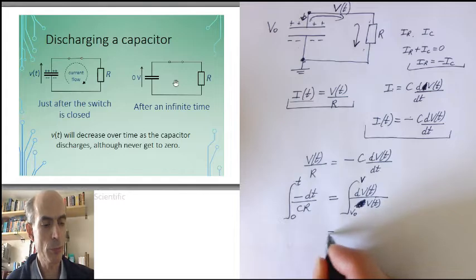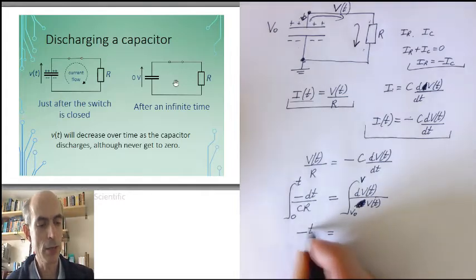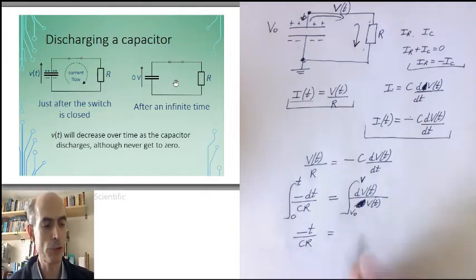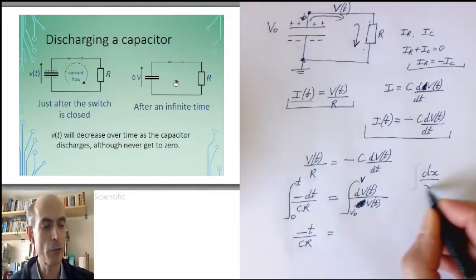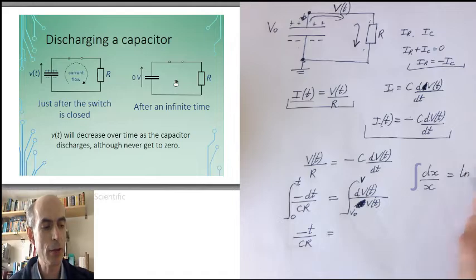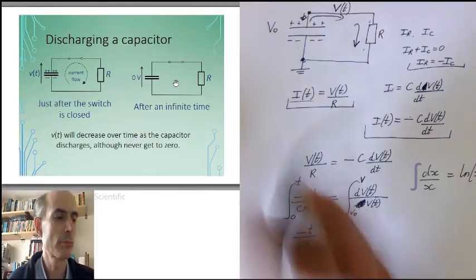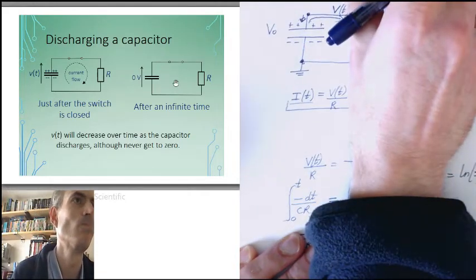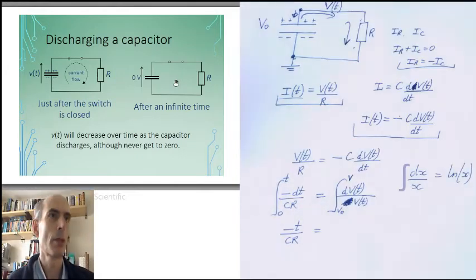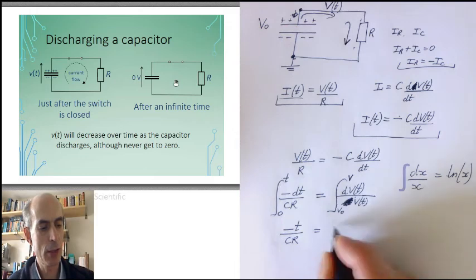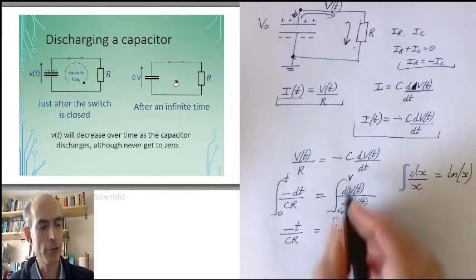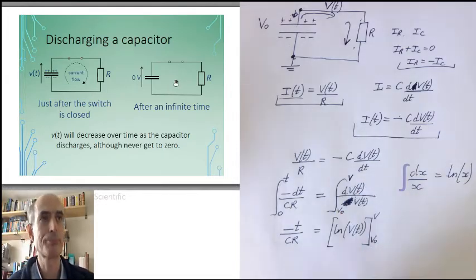Integrate these, we get minus t over CR equals, and dV of t over V of t, in fact dx over x, is the natural logarithm of x. And we can apply that result here and get that this is the natural logarithm of the voltage, and the limits are V and V0.